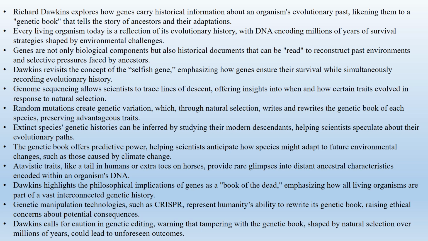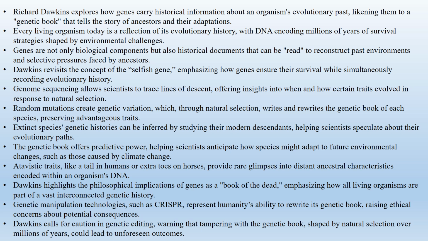Scientists can make educated guesses about the genetic makeup of long-gone creatures. The genetic information of living organisms contains clues about the evolutionary path their ancestors took, even if those ancestors no longer exist.